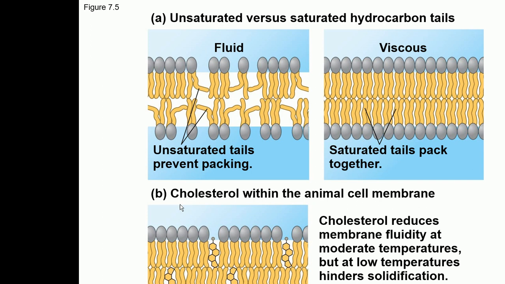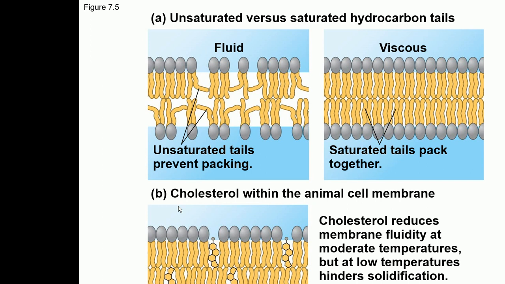And when the temperature becomes very cold outside, when it is winter, these phospholipids can actually form a gel. They can actually freeze, and their movement can become slow. But again, because of the presence of cholesterol, which is present in between the phospholipid layer, it prevents the freezing.